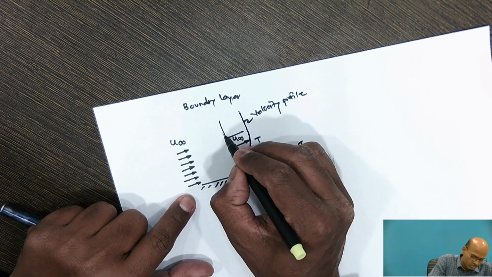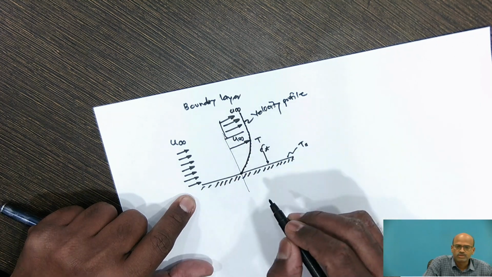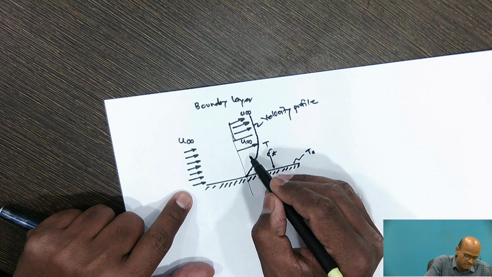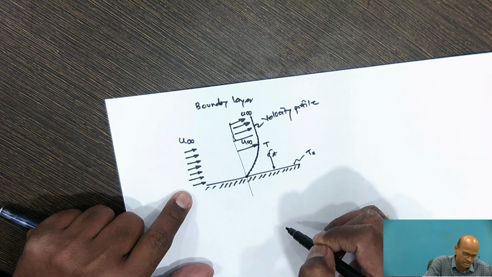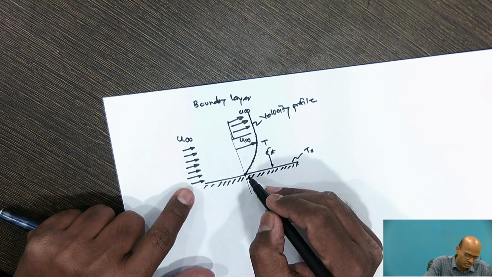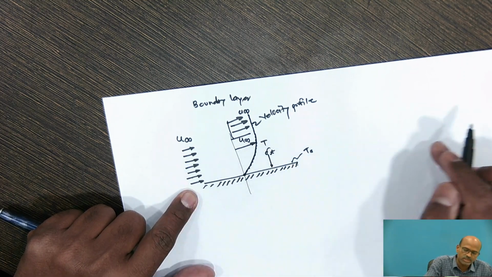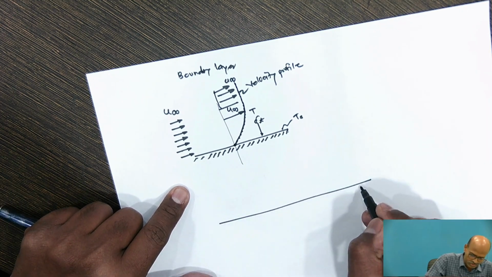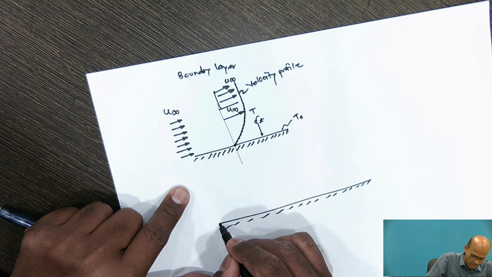All the fluid in this region will have free stream velocity, whereas in the region near the surface, in the boundary layer, it will have less velocity, obviously. If I try to draw such velocity profiles along the length of the surface, this is the surface and this is the entrance.